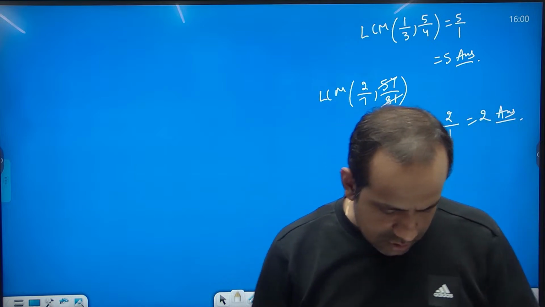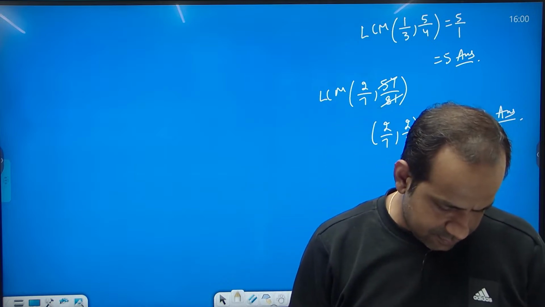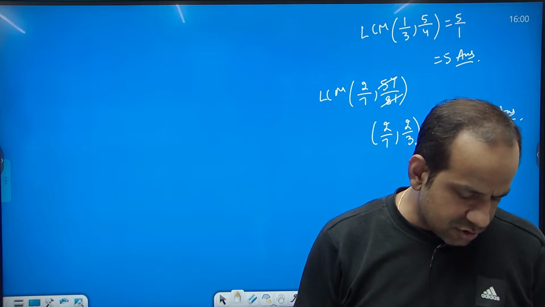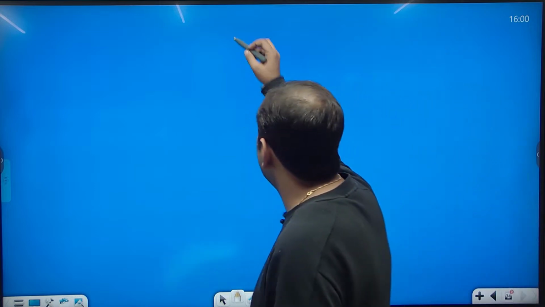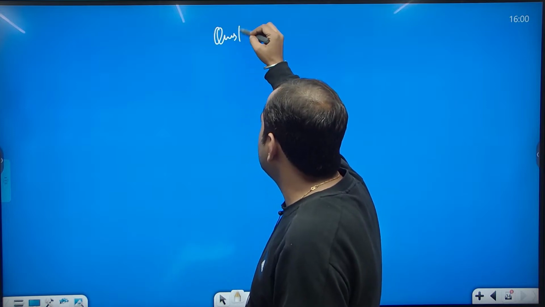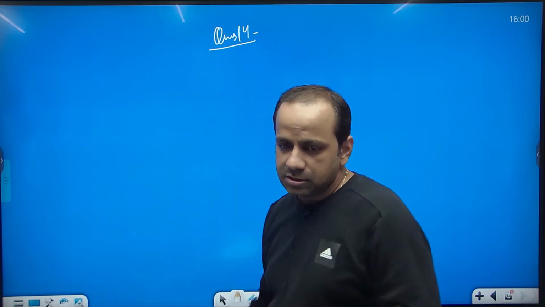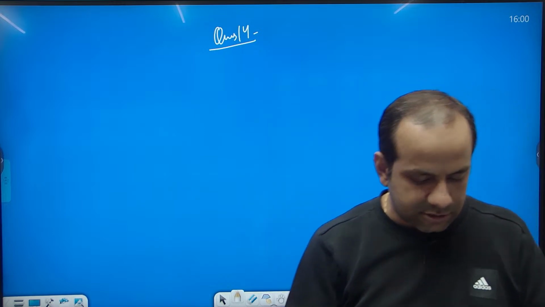Okay. So try this question. Question number 14. Question number 14 from the assignment. I'm giving you 1 minute to solve this. Just think over it and tell me your answer.